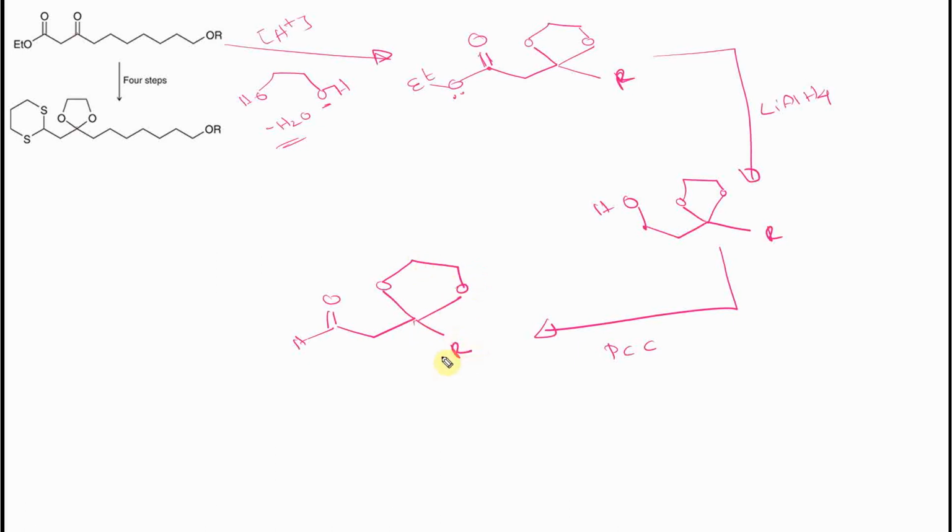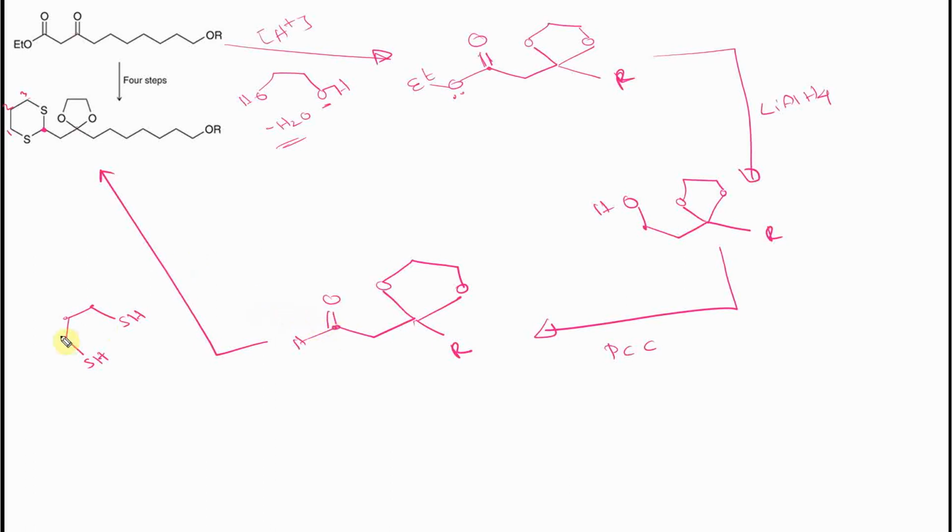And again this acetal is unaffected. Now if you treat this with the specific dithiol, which is propane-1,3-dithiol, so 1, 2, 3 with SH groups, that carbon here is going to be that carbon.